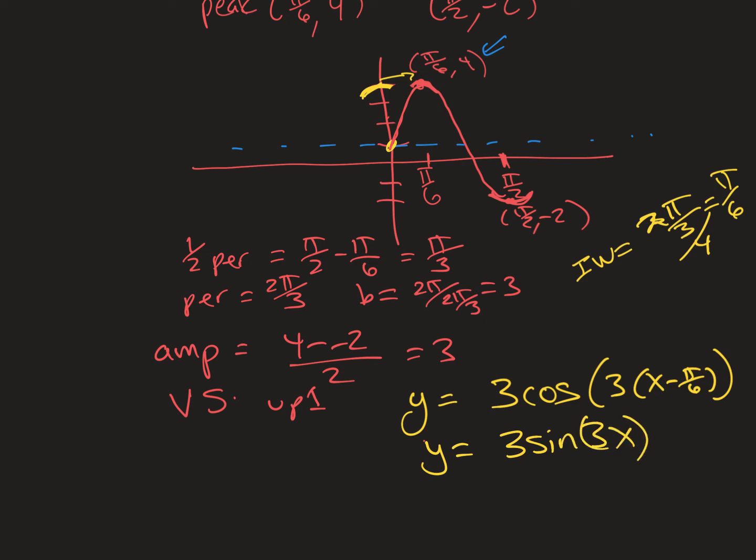Okay, say you didn't notice that. Well, you could then have been like, okay, let's find halfway between pi over 6 and pi over 2. Let's find what that point is. Again, say you didn't think to go to the left of pi over 6. Well, halfway between pi over 6 and pi over 2 is pi over 3.